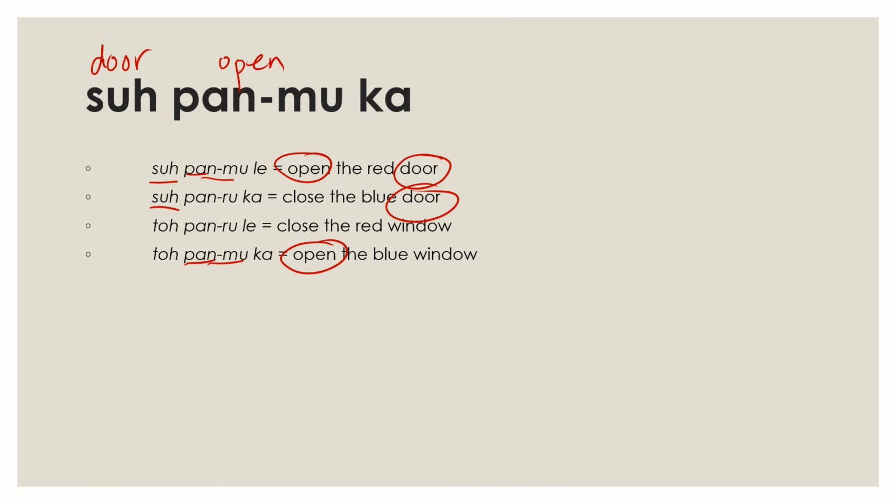And finally, we want to get the translation of "ka." "Ka" is present in the second and the fourth phrases, and what's common between the two is the term "blue." Of course, we would not translate that as "door open blue." We would apply our proper English grammar. So the phrase "Su pan muka" would be translated as "open the blue door."